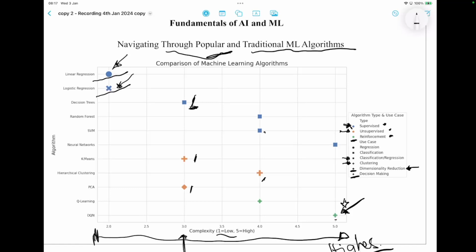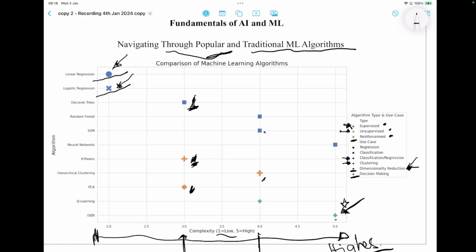So linear regression, logistic regression, and decision trees are the lowest on the complexity level, and they all belong to supervised learning models. K-means belongs to unsupervised learning, and it's a clustering algorithm. PCA is unsupervised learning, and this is a dimensionality reduction algorithm.